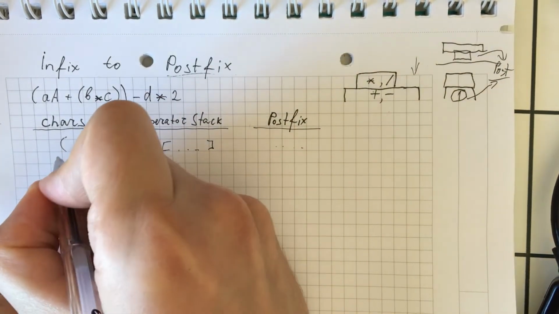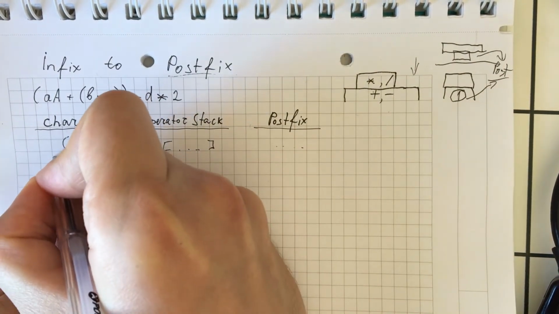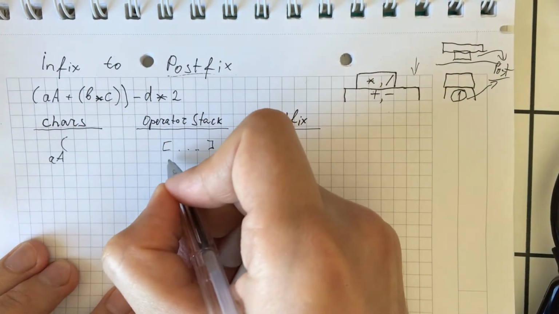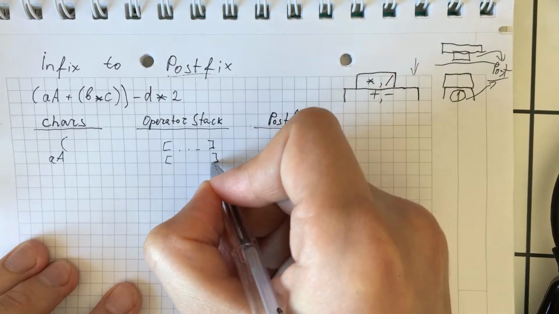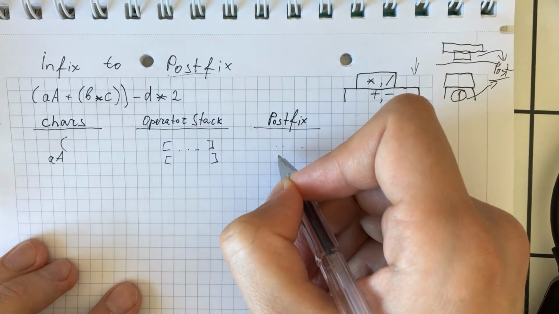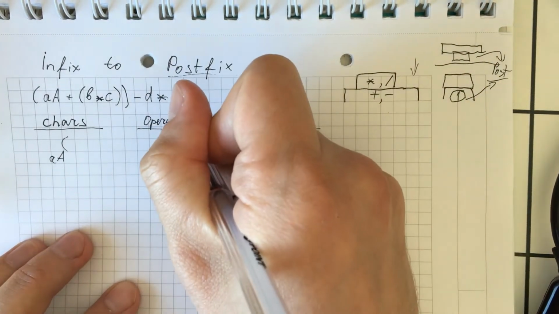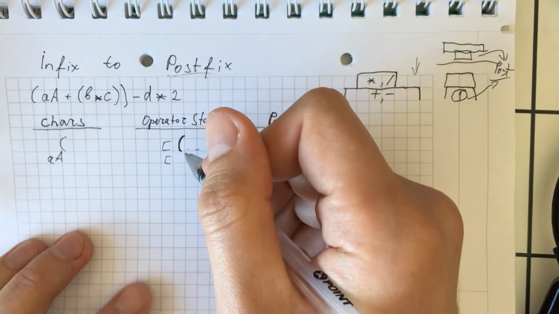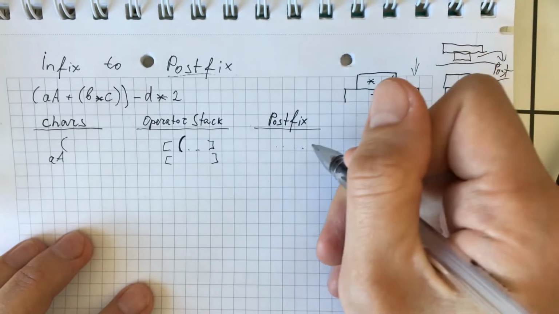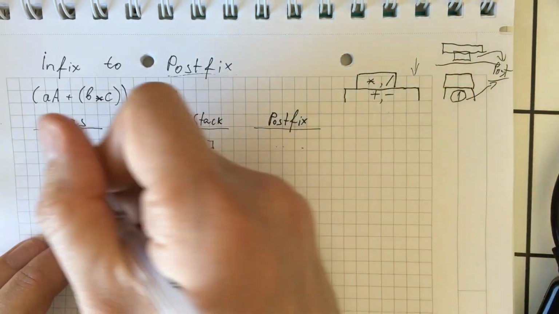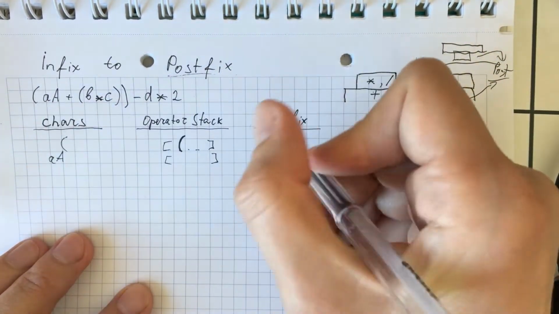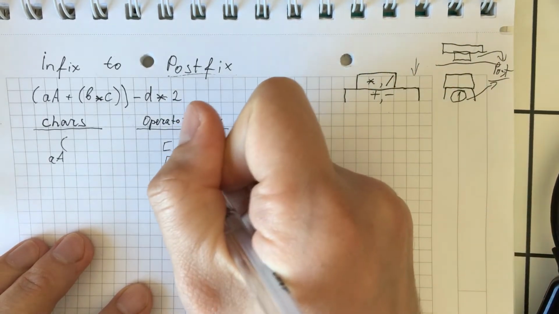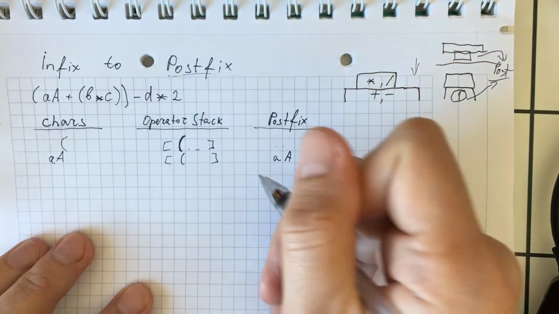Yeah, that's right. Then we receive a variable, no operators still. I'm so wrong. Yeah, this is the opening parenthesis in the stack. Alright, so we immediately push every variable we have into postfix. So A is here, and this is here.